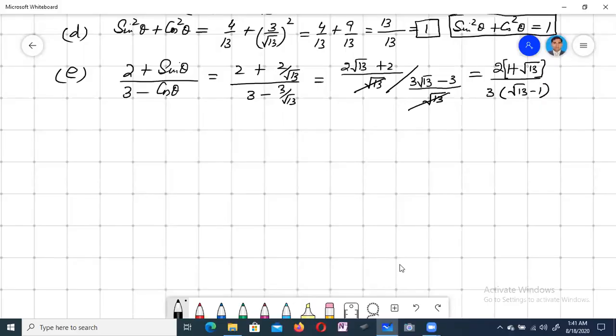Now after that, we will write this 2 by 3 outside, as it is. Then the other thing, that is square root 13 plus 1 in the numerator, and in denominator square root 13 minus 1. We will rationalize this fraction. You know rationalization, in this denominator minus we will change into plus, and we will multiply and divide with the same number.